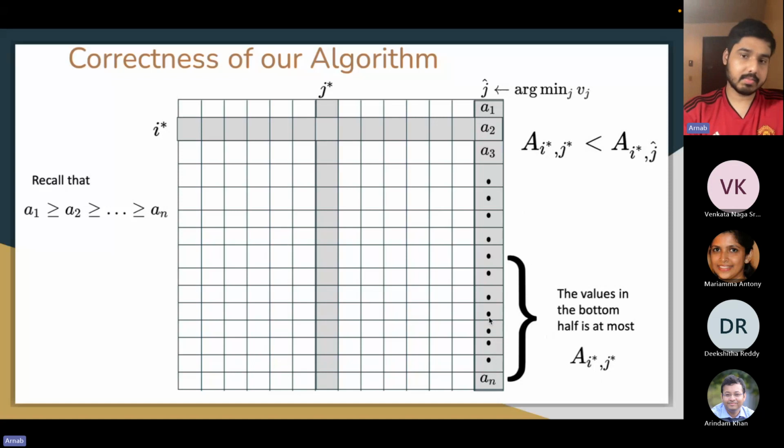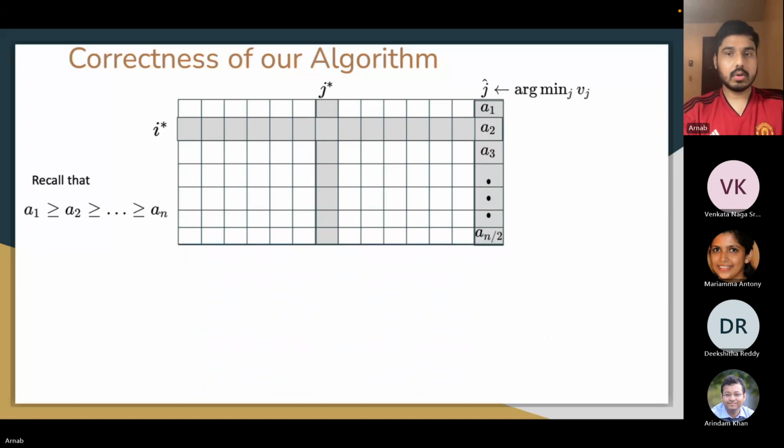So i star cannot lie in this bottom half. So we can safely remove half of the rows and retain i star, and we can then proceed to the next round. In similar fashion, you can remove half of the columns, and stage by stage, at the end you will end up with just one single element, which is i star j star, and that will be your unique pure strategy Nash equilibrium.